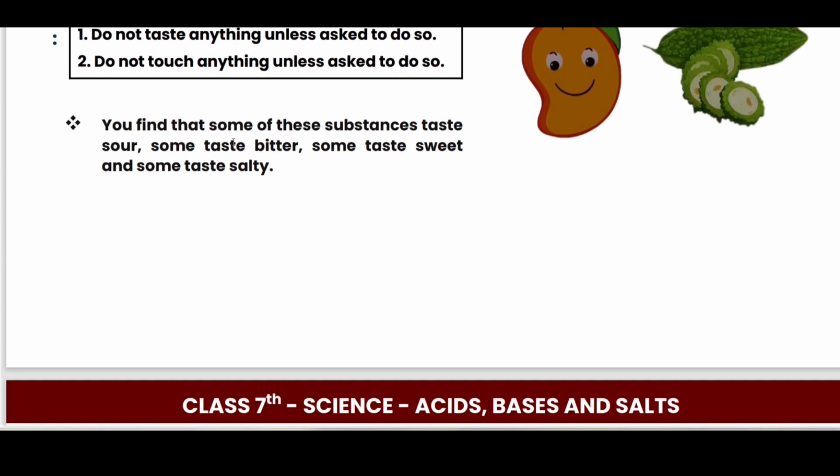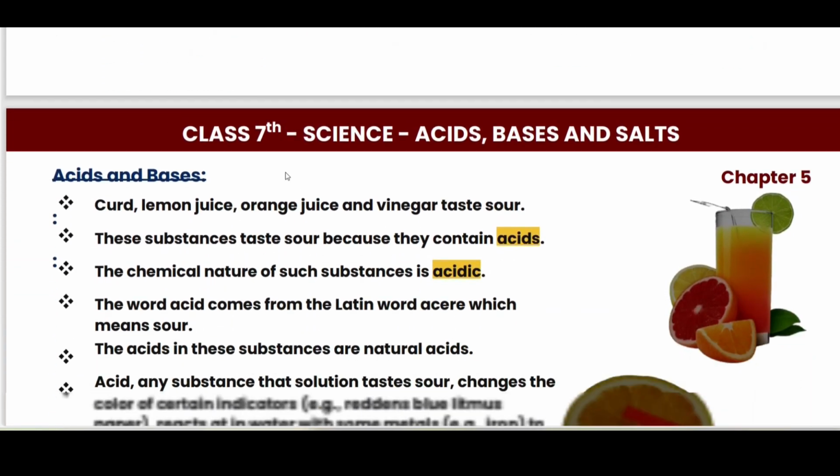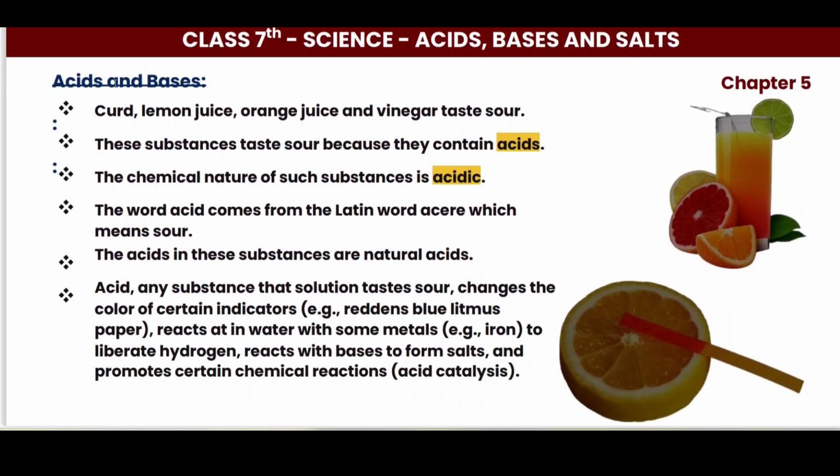So, here you find that some of these substances taste sour, some taste bitter, some taste sweet, and some taste salty also. In the above examples, we see there are different types of tastes. They were sour, bitter, sweet, and salty. Now here curd, lemon juice, orange juice, vinegar. They taste sour, right? They all were sour.